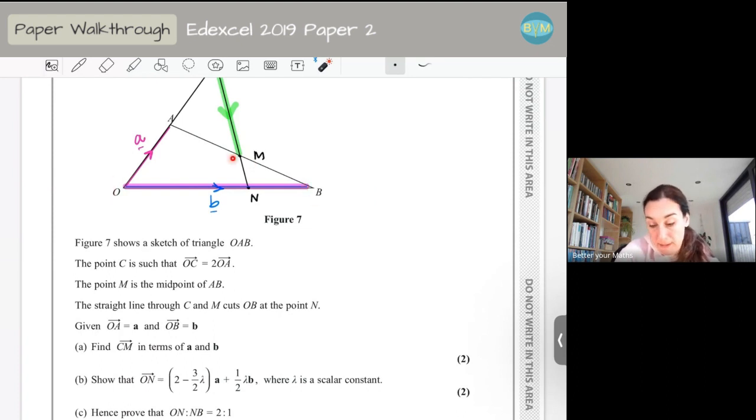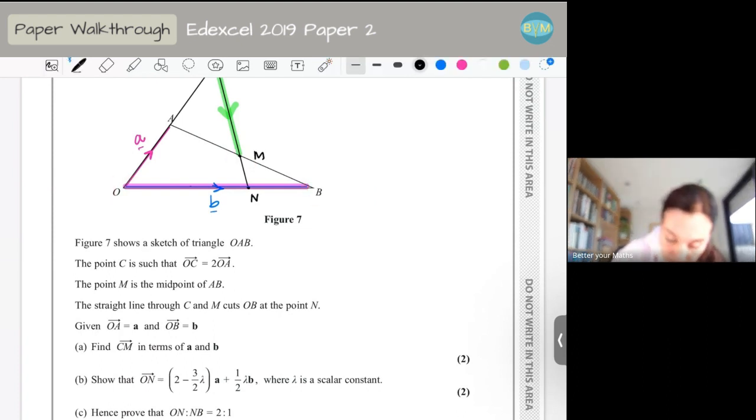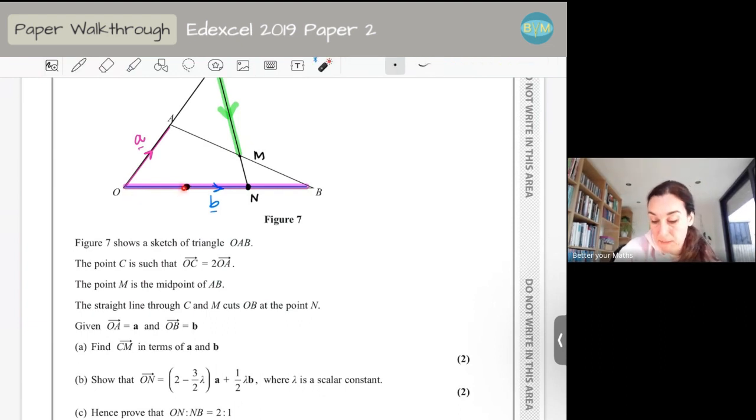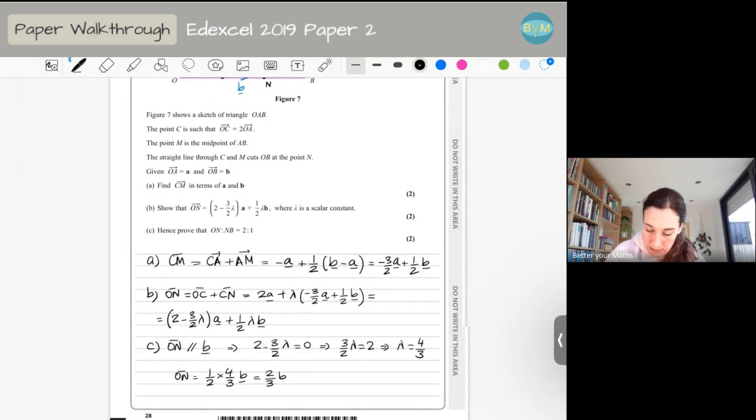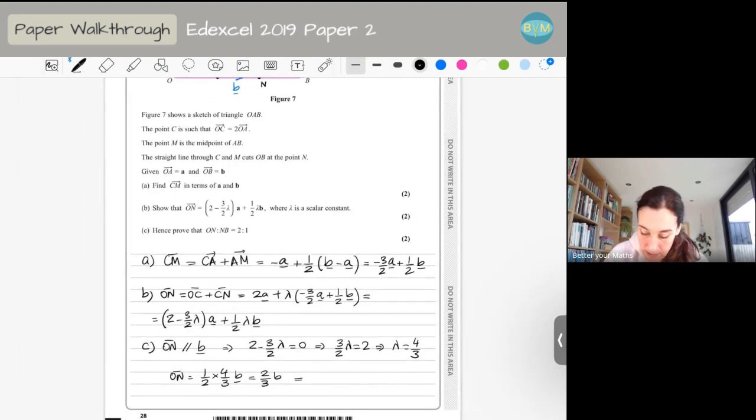So if I divide my thing in 3, so let's say here, if I have 3 bits, ON is 2/3 of the whole thing, which means the ratio ON to MB is 2 to 1. Just because of that. I hope you see it, because this question is a bit tricky. So therefore, you can say that the ratio ON to MB is 2 to 1.